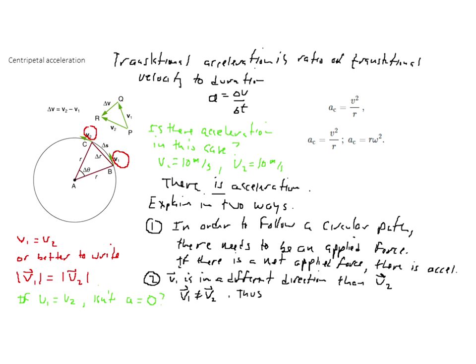So since the vector v1 is not equal to the vector v2, that means that delta v also does not equal 0. And there's a picture of this right here. They don't have the little arrows there, but the bold letters mean vectors.